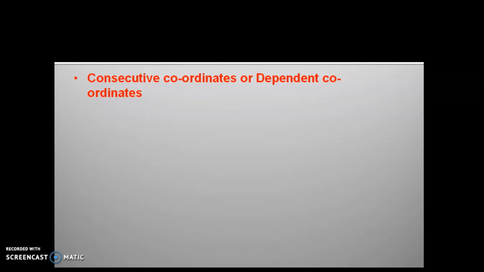Now, independent coordinates. Dependent, independent, what is the difference? Dependent means it is dependent on the previous one. Independent means they are not dependent on the previous, but on the origin. Means the coordinates of any point with respect to a common origin.